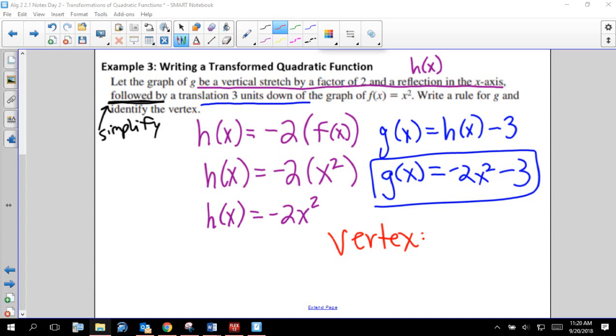What's being done horizontally to this x inside parentheses? Nothing, right. And then our vertical translation is outside, so that's what? -3. There you go. We have our vertex: 0, -3.